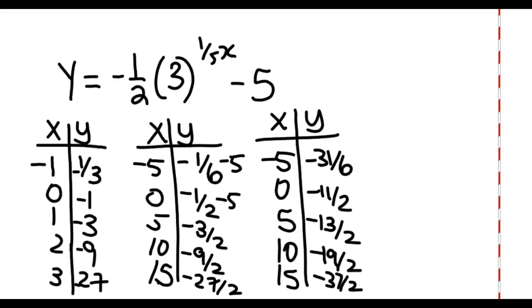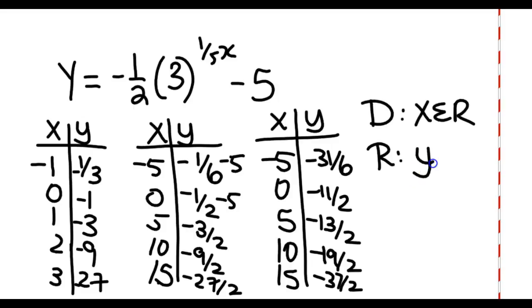Okay, so I'm not going to draw this one out. It works the same way. All you do is put these points on the graph. Our domain is what? x ∈ R. Okay, but think of this now. We went down 5, right? So what would be our range? y has to be what?